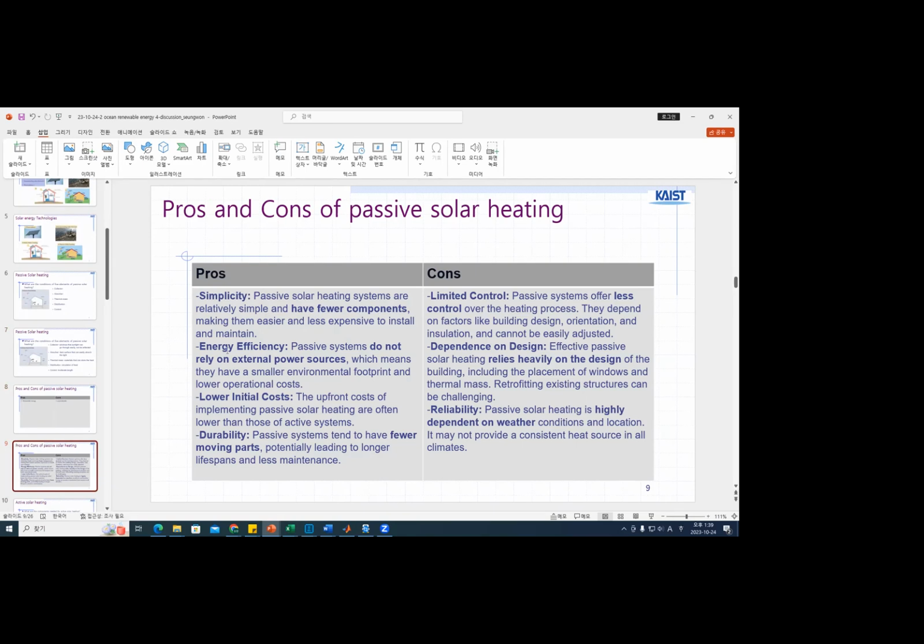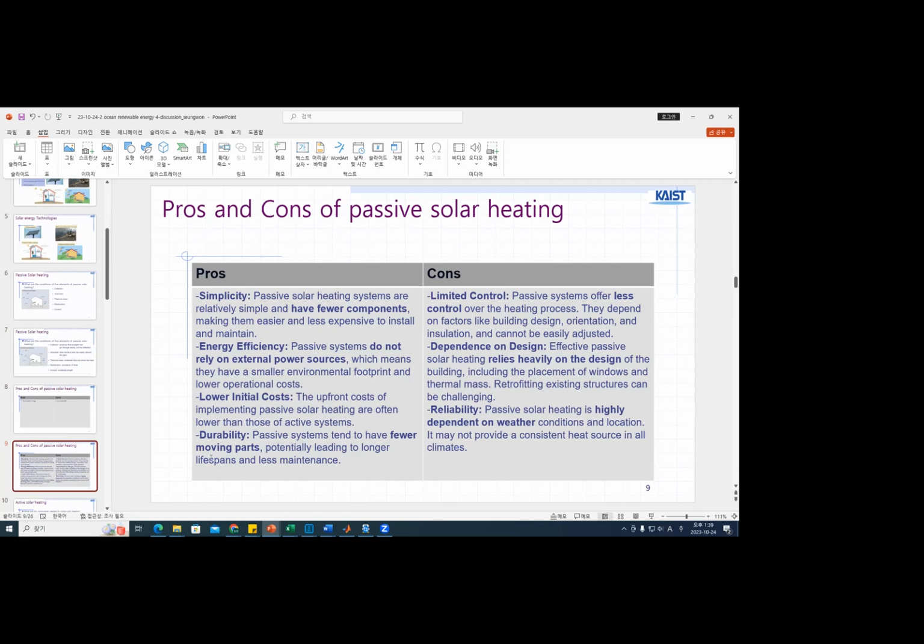And also it's very energy efficient, because we do not rely on an external power source such as a pump or a heat exchanger. And also it has a very low initial cost, because there are not many components in this system, so the initial cost is very low.